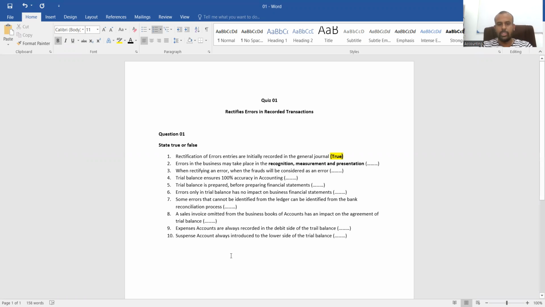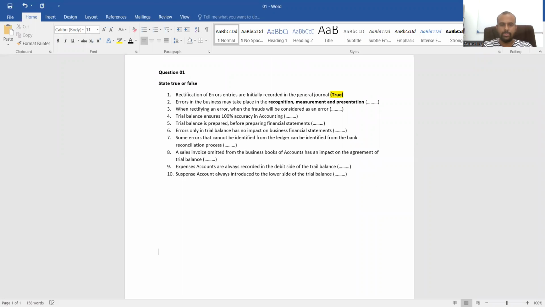Right. Write a small question. State 4 transactions which are recorded in the general journal. What are the 4 transactions that are recorded in the general journal?